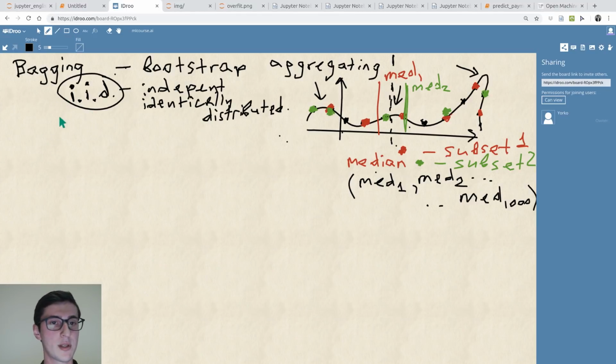Okay, so how is actually Bootstrap done to get a subsample from an initial dataset?